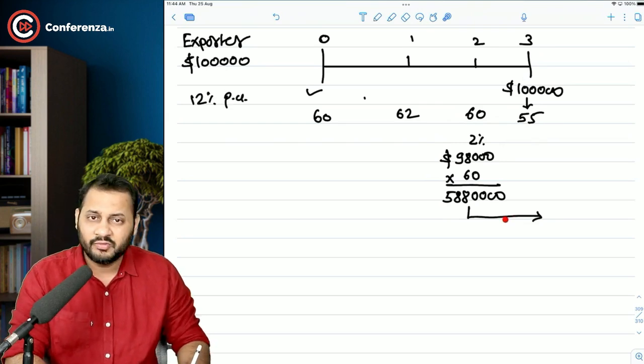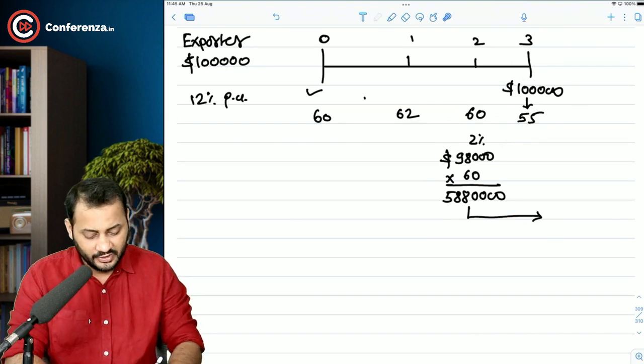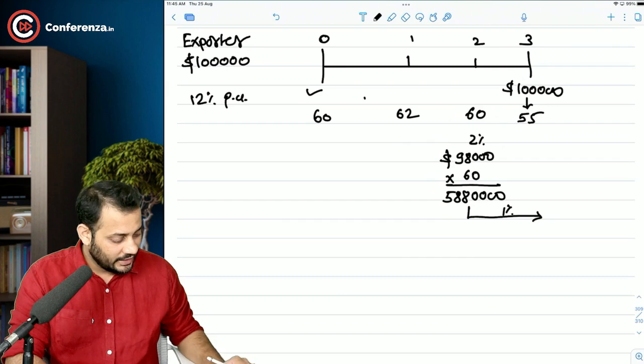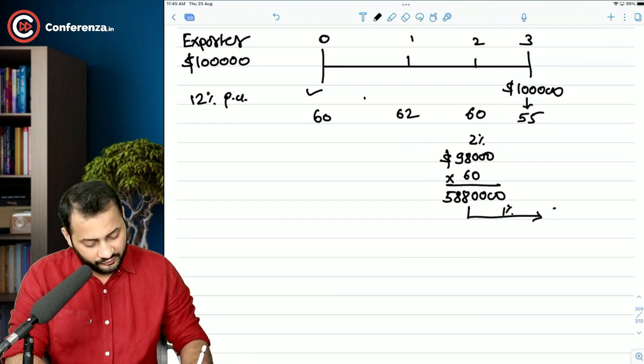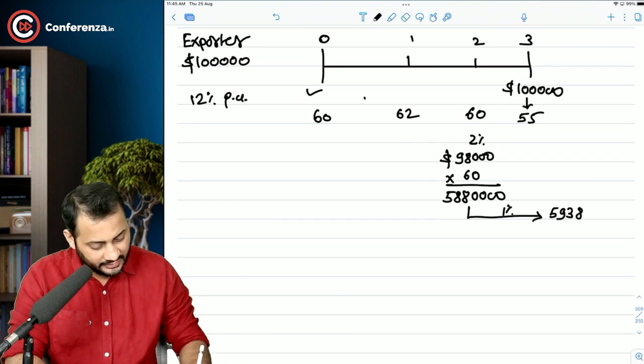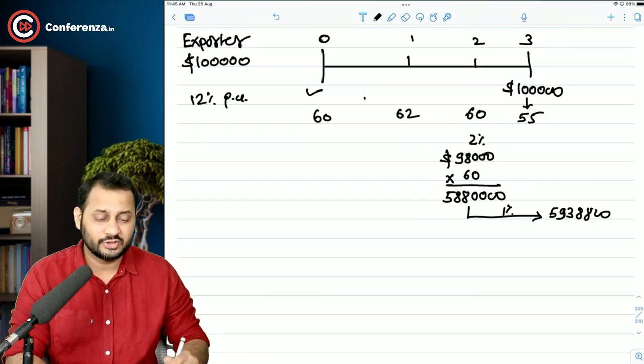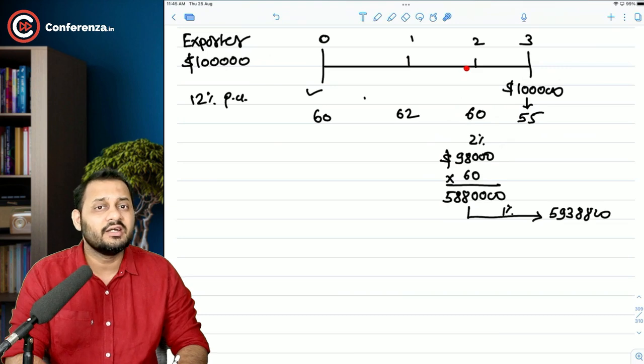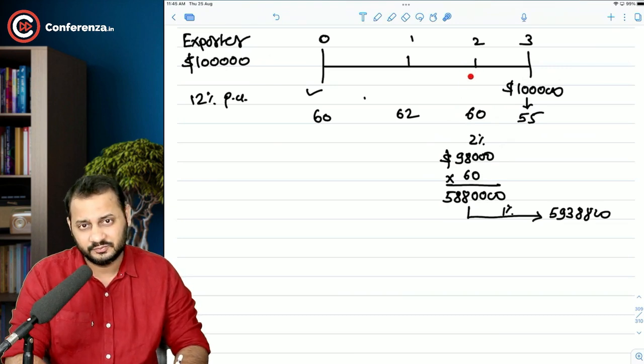That means it is going to be 1% for 1 month. So we are going to earn 1% on this. At the end of the 3 months, we will have around 59,38,800 in this option, where we lead the receivables.